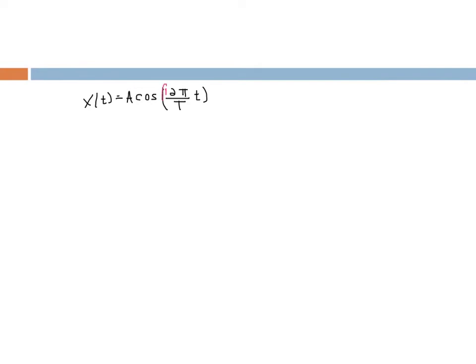So really, this is 1 over T times 2 pi times t. That means I can rewrite this as A cosine of 2 pi frequency times time, because 1 over period is frequency. So this is another way to write this equation.